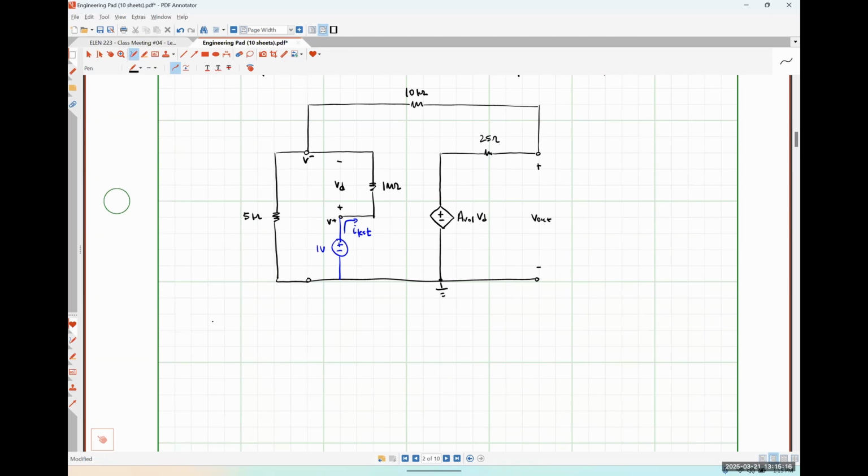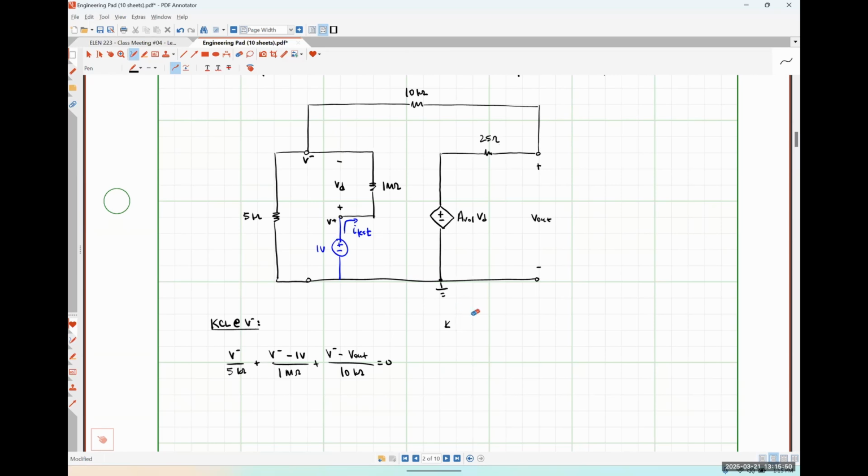So just writing it down briefly, KCL at our inverting input node is going to look like V minus over 5 kilo ohms plus V minus minus 1 volt over 1 mega ohm plus V minus minus V out over 10 kilo ohms is equal to 0.